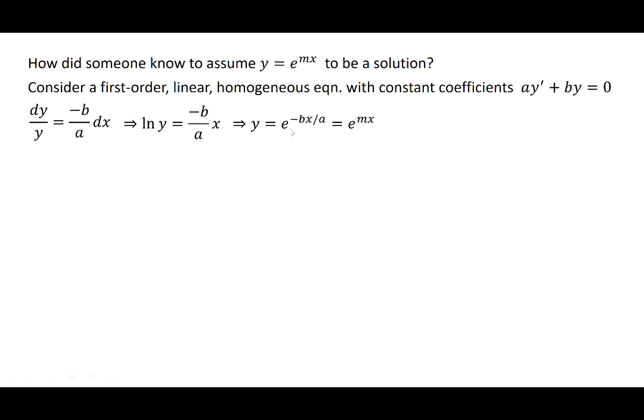So sure enough, for the first order with constant coefficients, we do get a solution of the form e to the mx. So maybe it stands to reason that for second and third and higher order equations, you could assume e to the mx to be a solution, right? I thought, and sure enough, that seems to be the idea.